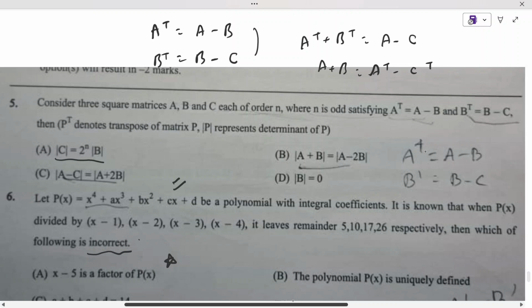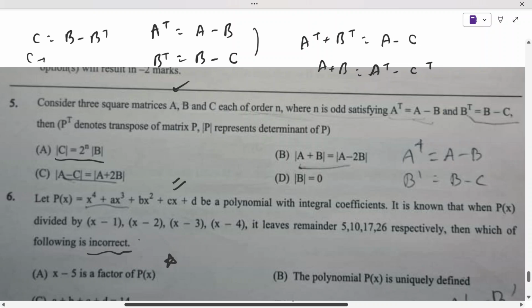What you have to verify? Mod B is 0 first thing, and mod C is equal to 2 power n into B, where n is odd. So is B transpose equal to minus B? I can just take the transpose of this both sides. So C is equal to B minus B transpose, isn't it?